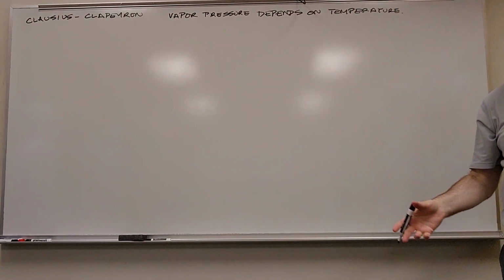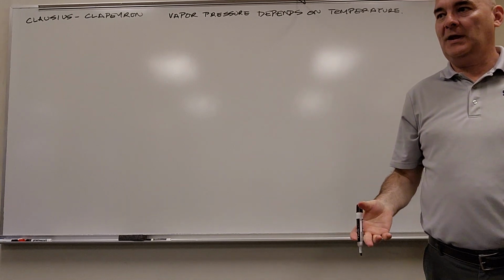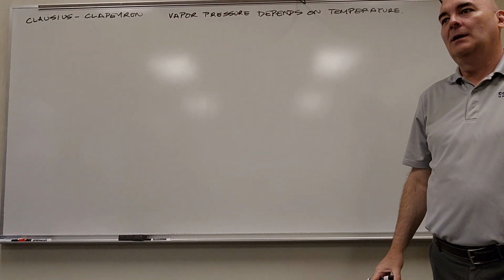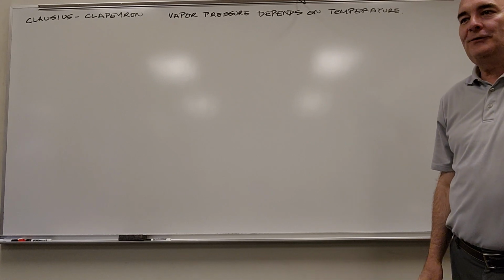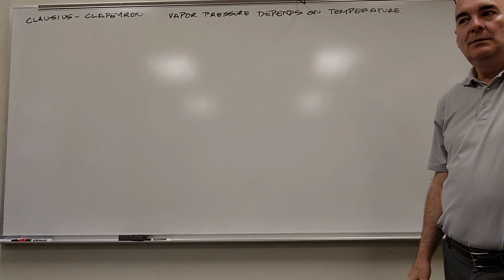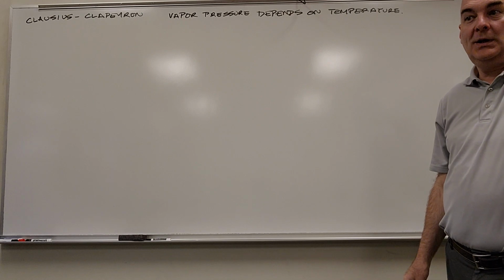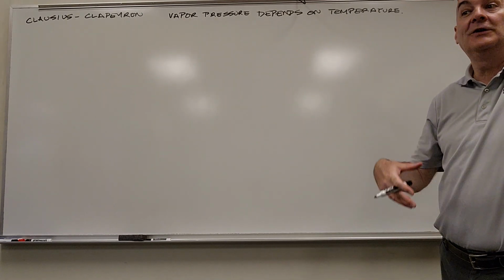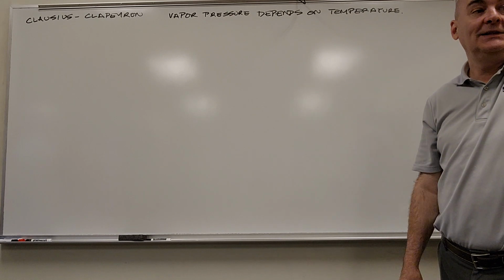Okay, if I had a bottle of gasoline and I took the lid off the gasoline and you moved to the back of the room, as you would, the smell from the gasoline would get to you at the back of the room pretty quickly, because gasoline is very volatile, which means that the liquid turns into a vapor easily.